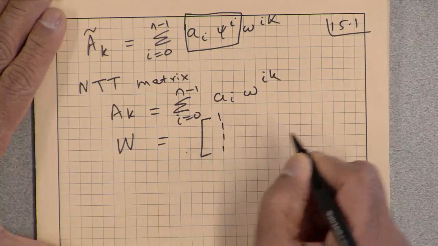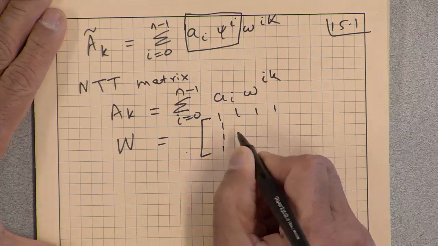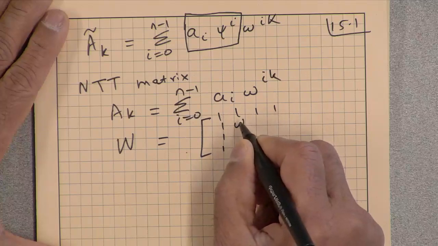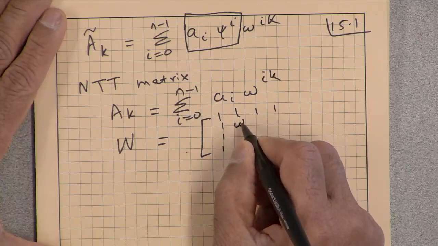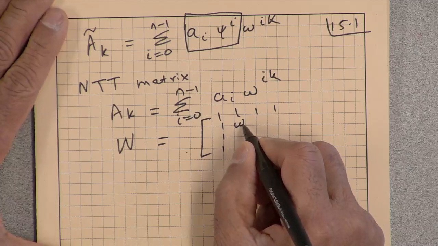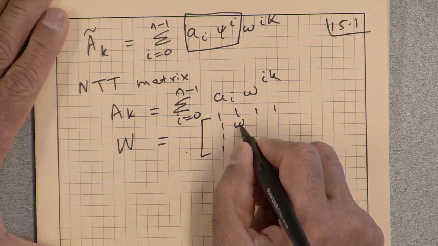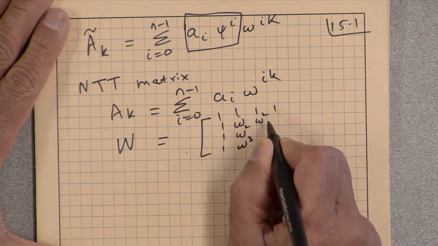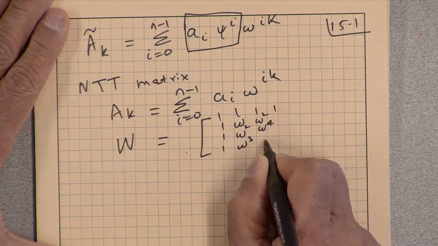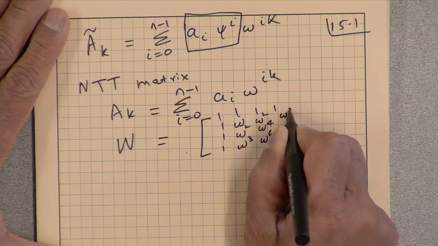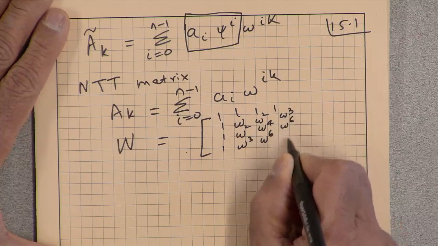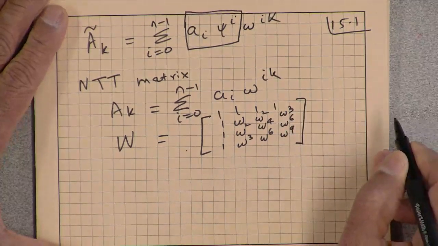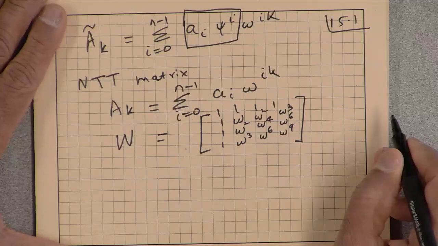For 4 points, all we are doing is replacing the complex exponential e to the power minus j 2 pi by n with the nth root of unity omega. So the entries are omega, omega squared, omega cubed, omega to the power 4, omega to the power 6, omega to the power 9, and so on. Okay, so that's the standard NTT matrix.